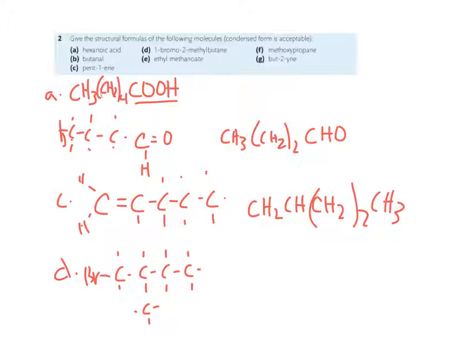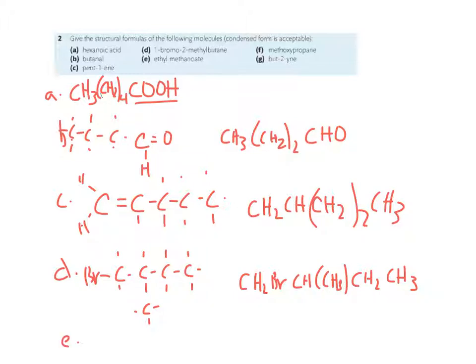So now when I start writing this, I would have CH2Br, or you could put CBrH2, it doesn't matter, I'm describing what's attached to the first one. And then I have CH, and then sometimes I put this in parentheses to make it clear it's attached to it. CH3, CH2, CH3.